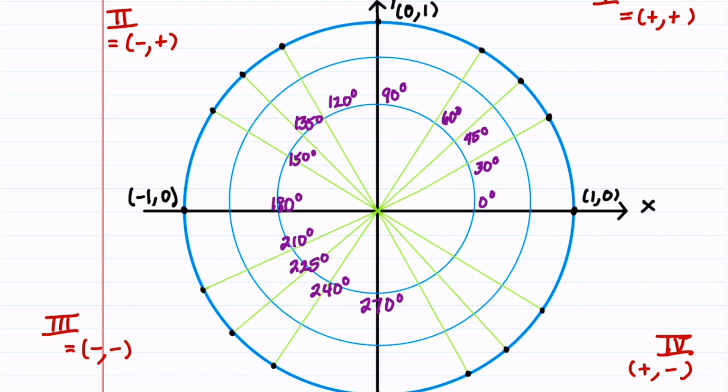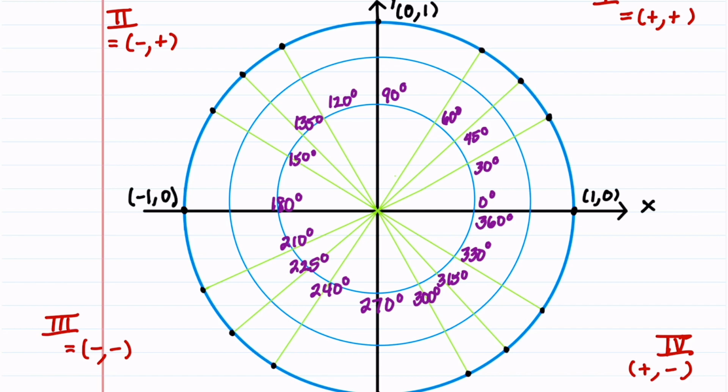Now we're going to add 30 degrees to 270 degrees. We get 300 degrees. We're going to add 45 degrees to 270, which gives us 315 degrees. And then we're going to add 60 degrees to 270 degrees, and we'll end up with 330 degrees. And then let's remind ourselves, if we continue, we get back to 0 degrees or 360 degrees.